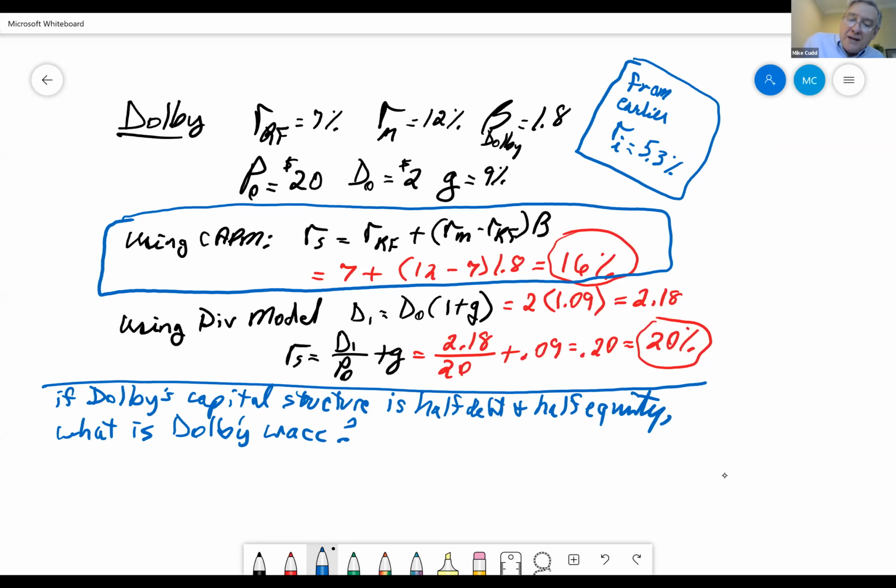Now keep in mind that with only two sources of funding, the WACC becomes just the weight for debt times the after-tax cost of debt plus the weight for equity times the cost of equity.